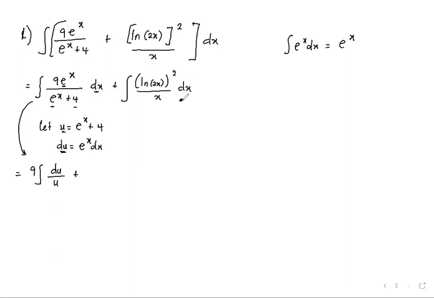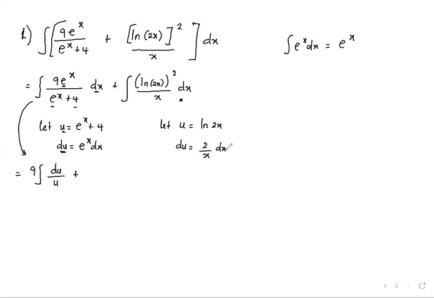We know that if we let u be ln 2x and differentiate this, its derivative du is going to be 2 over x dx. That's how we differentiate ln.